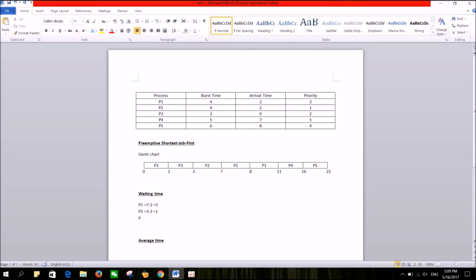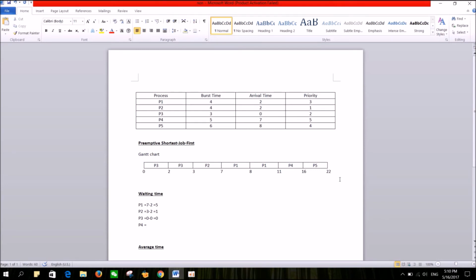And the next one is P3. P3 starts at 0, and its arrival time is 0. So 0 minus 0 is also 0. And the fourth one, P4 starts at 11, and we minus its arrival time, which is 7.